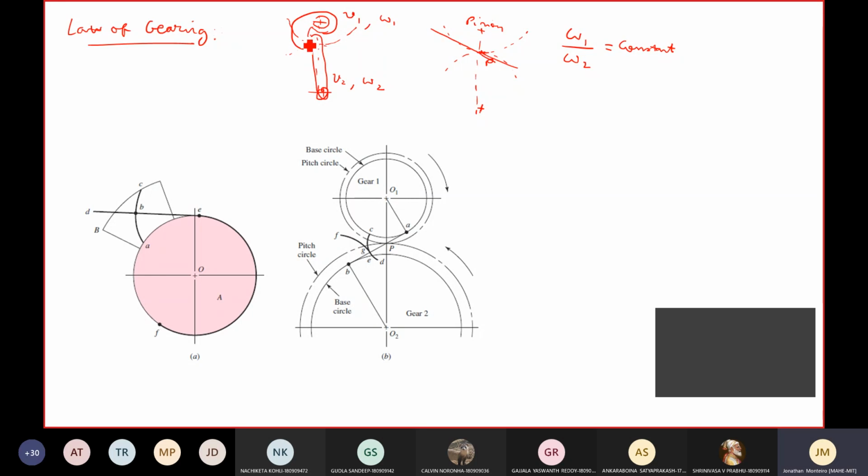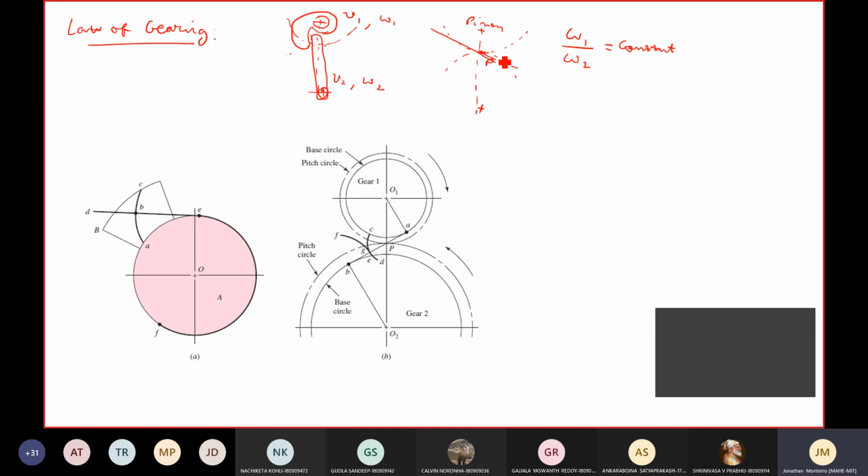It is not to say that both pinion and gear are running at the same speed or the same RPM. It is to say that at that particular instant, omega 1 by omega 2 must be a constant. Only when this is a constant will the gears work. So this is the principal law of gearing. Maybe you have studied it in the lower semesters.